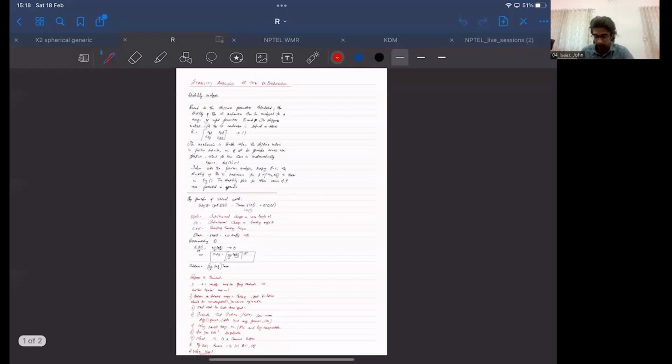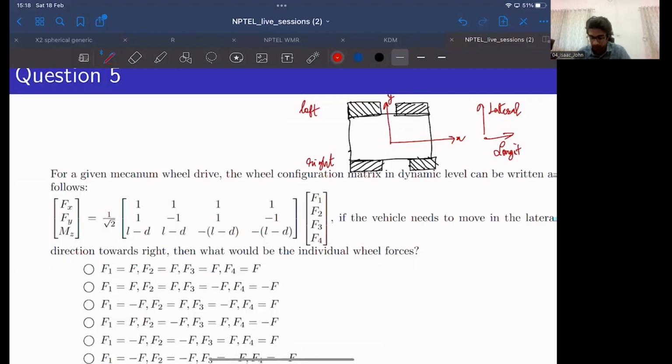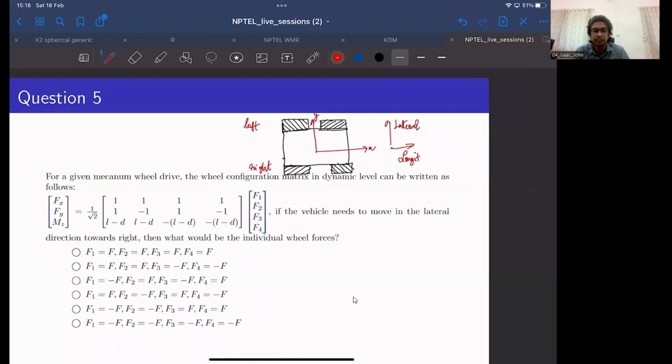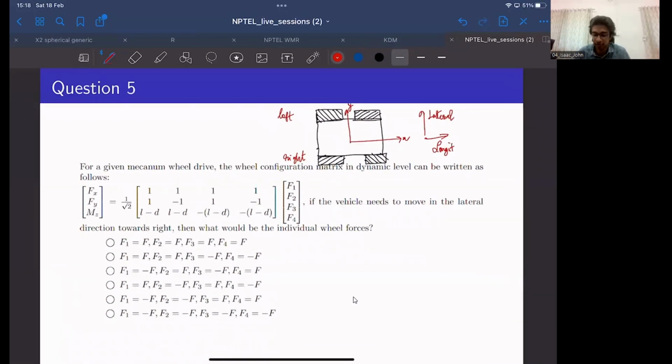So the dynamic transformation matrix given in this problem corresponds to a mecanum wheel of this configuration. Our requirement is to make the robot move along the lateral direction. If the robot is to move purely in a lateral direction, how would this force matrix look?